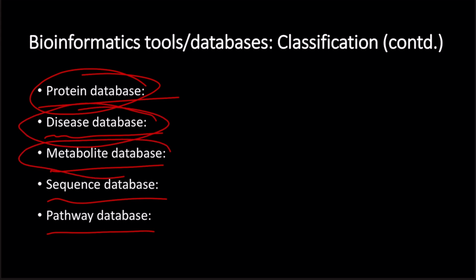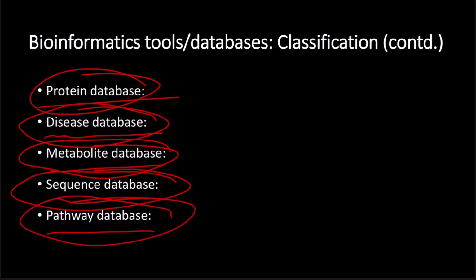In metabolite database, we will look for several small metabolites and the metabolic pathway. Then we will also look for the sequence, that is DNA sequence, then the RNA composition, then the protein composition. All those things can be seen by the sequence database. And finally coming to the pathway database, it is helpful in finding out the interaction between two different molecules in a particular organism or in the human body.